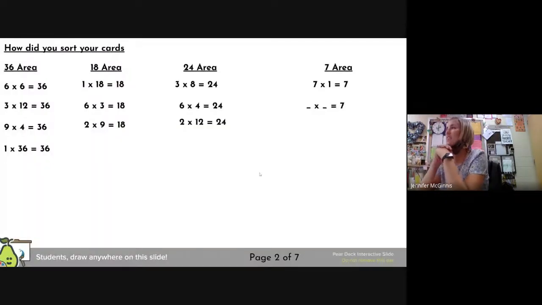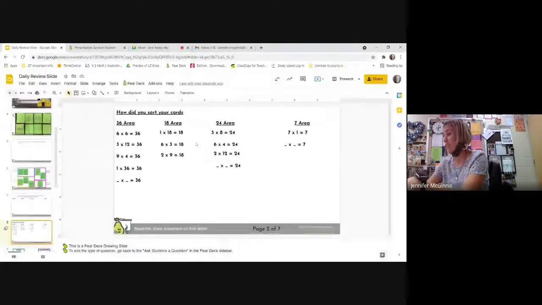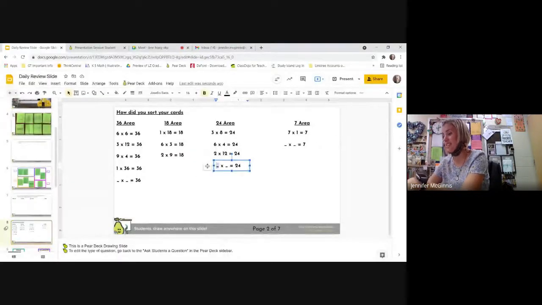So we filled out these lines, but look here. We've got 2 more. What else can we do for 24? What are we missing? Remington. 1 times 24. Very good.